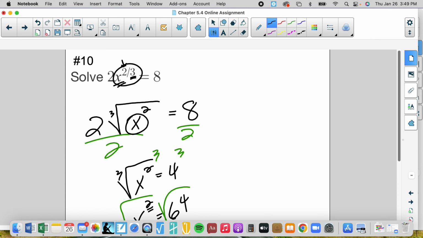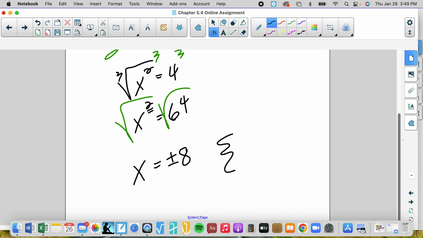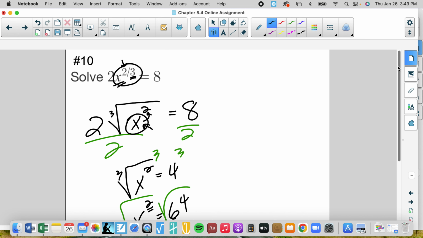The cube root of 64 is 4. 4 times 2 is 8. And if we plug in negative 8 and square it, we still get positive 64. The cube root of positive 64 is 4, and 4 times 2 is 8. So both of them work. We say plus or minus 8. That's a nice way of doing it.